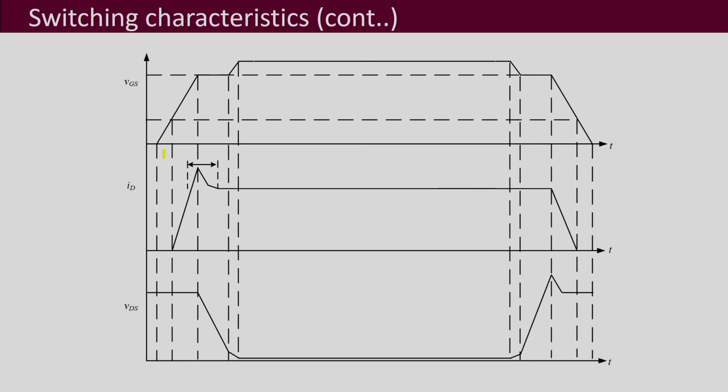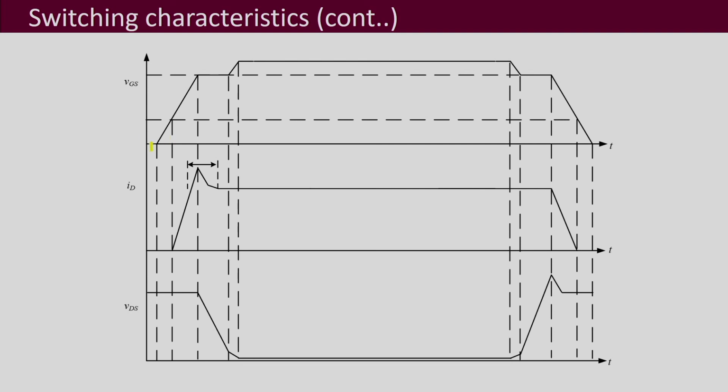So, let us look into the switching characteristics of the MOSFET now. This shows the switching characteristics, and this is somewhat of an approximated waveform. Do not think that you will see exactly this kind of theoretical waveform when you perform the experiments, but more or less this is what is going to happen when you switch the MOSFET.